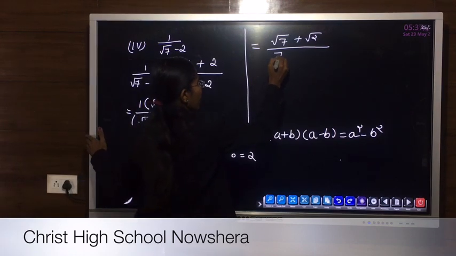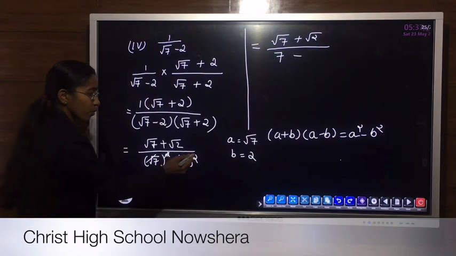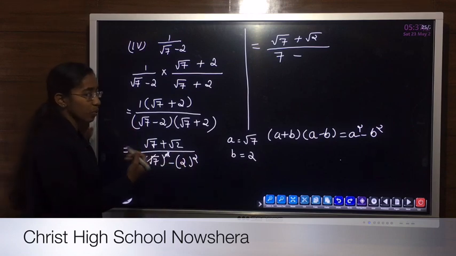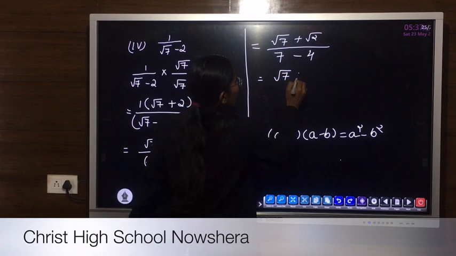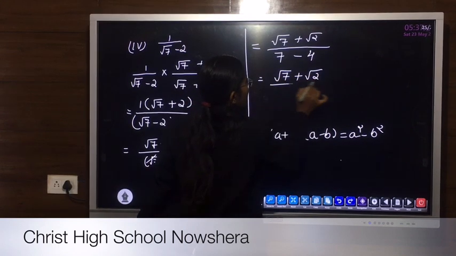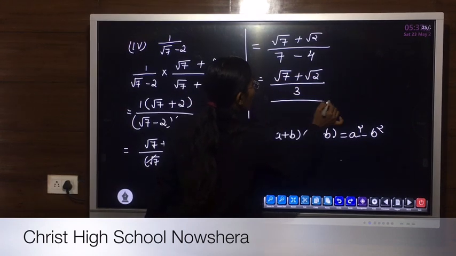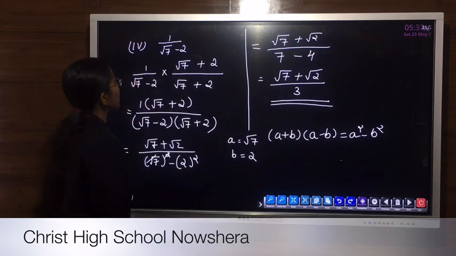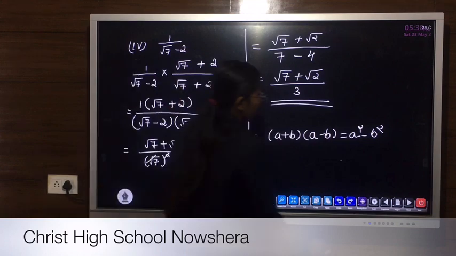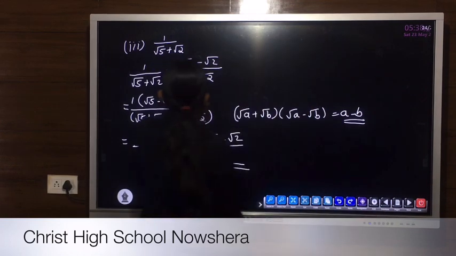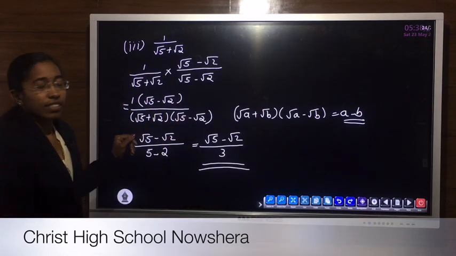That is 7 minus, what is the value of 2 square? 2 square means 2 times 2, which is 4. That is root 7 plus 2 divided by 3. So this is the answer. So these are our exercise questions.